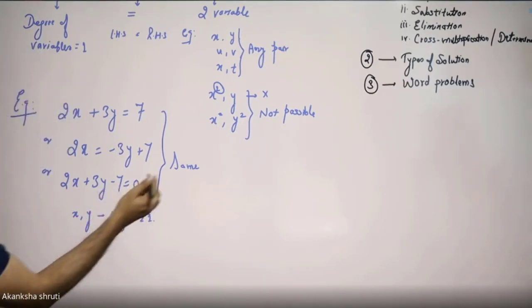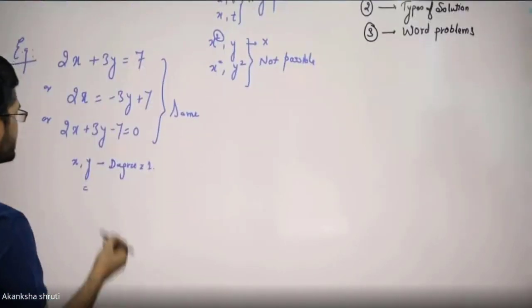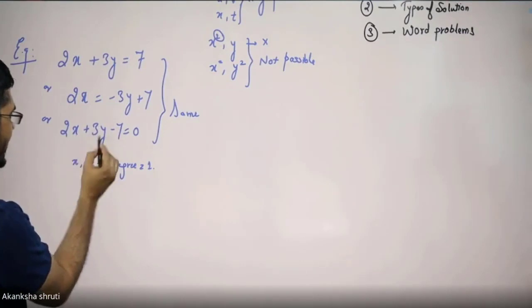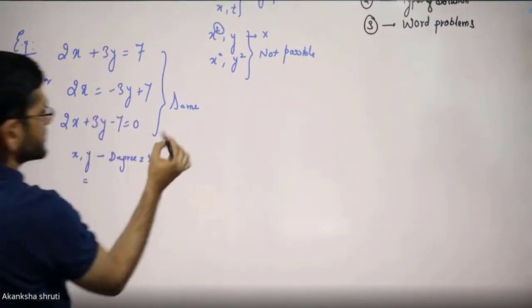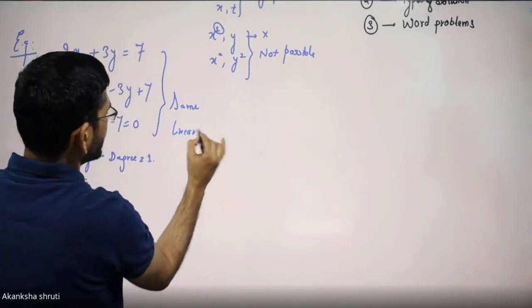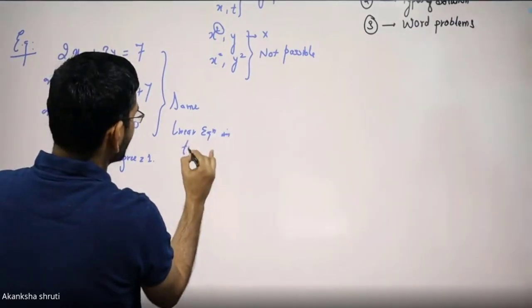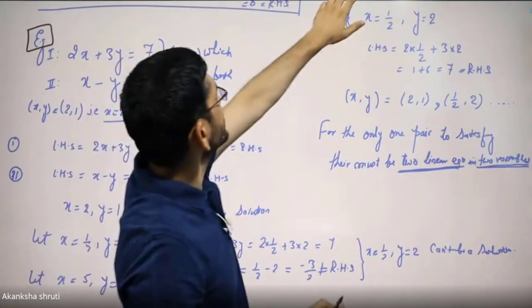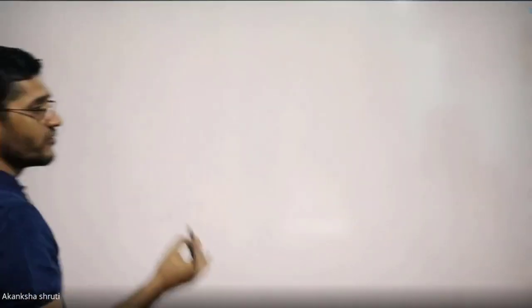So therefore it is a linear equation. Students, two variables x and y, so it is called a linear equation in two variables. So all of these three are linear equations in two variables. Now let us continue to understand what is the solution, what is the general form of this linear equation.